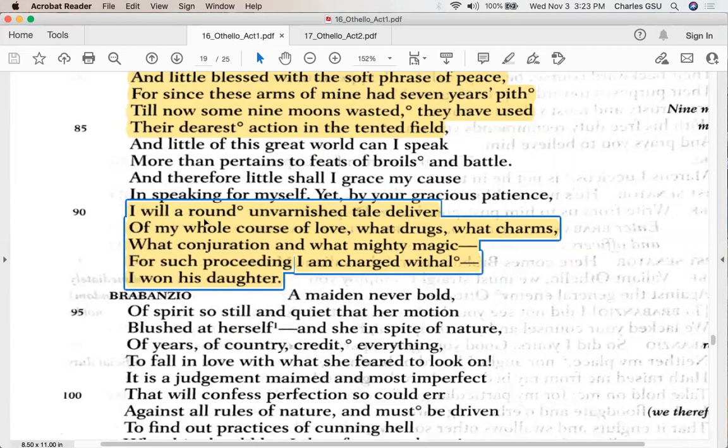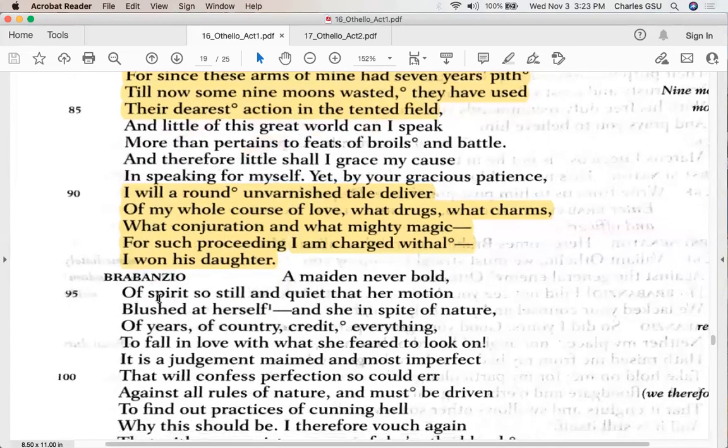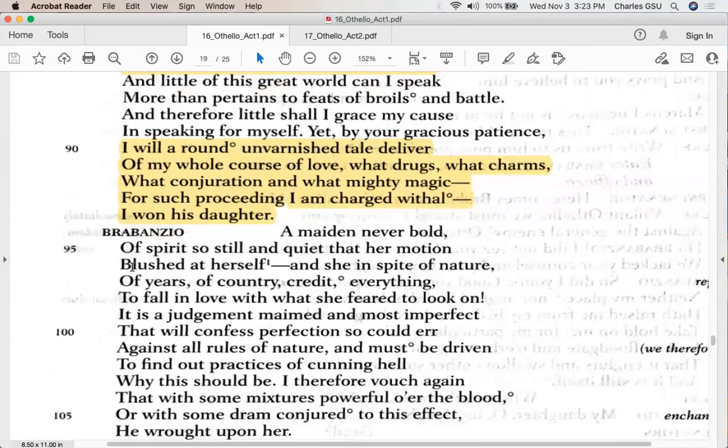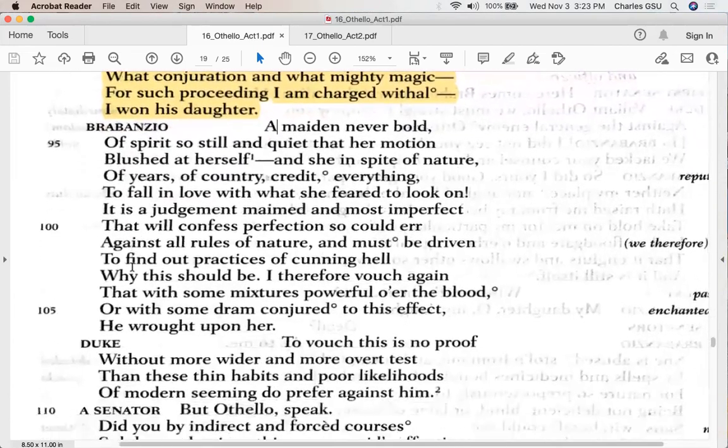I will a round, unvarnished tale deliver of my whole course of love, what drugs, what charms, what conjuration, what mighty magic, for such proceeding I'm charged with, I won his daughter. In other words, you're going to hear my story, and you can see that I didn't drug her or trick her. I won her heart, right?